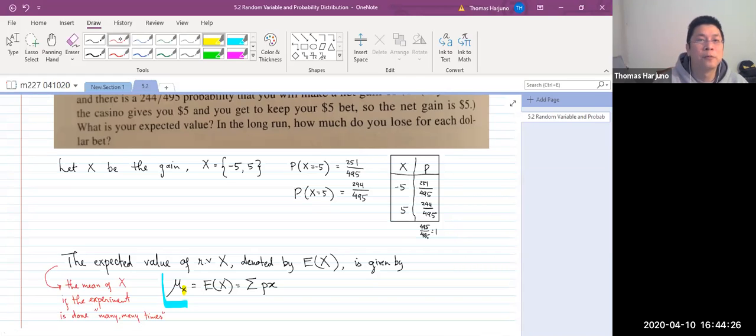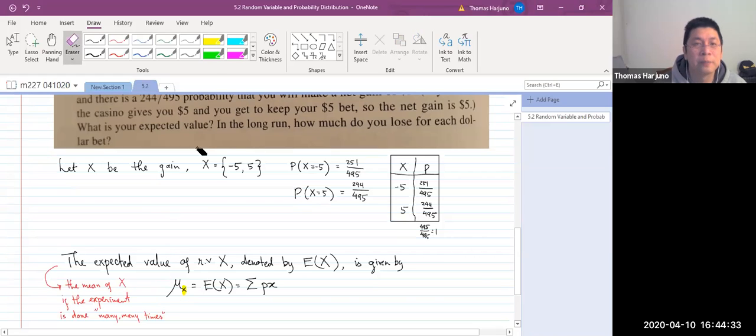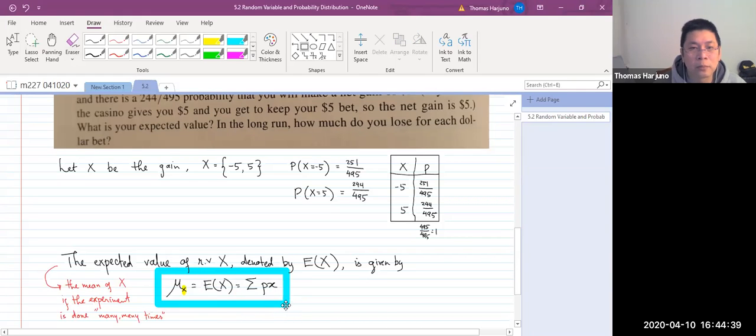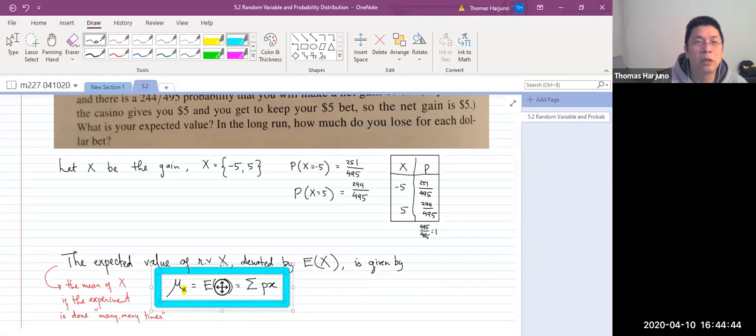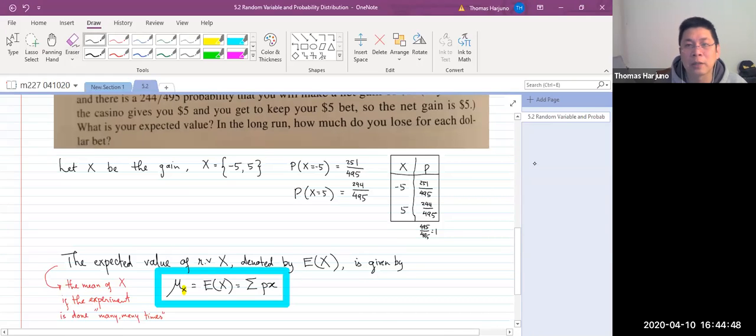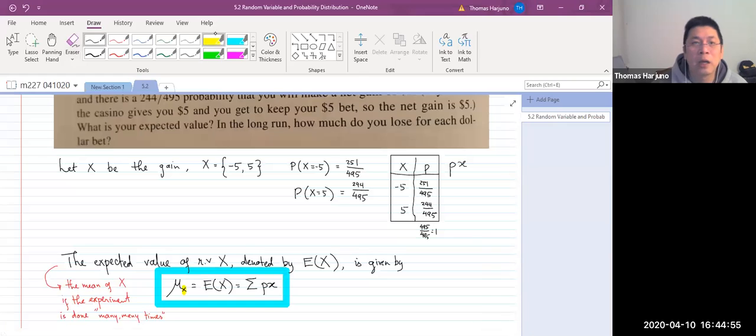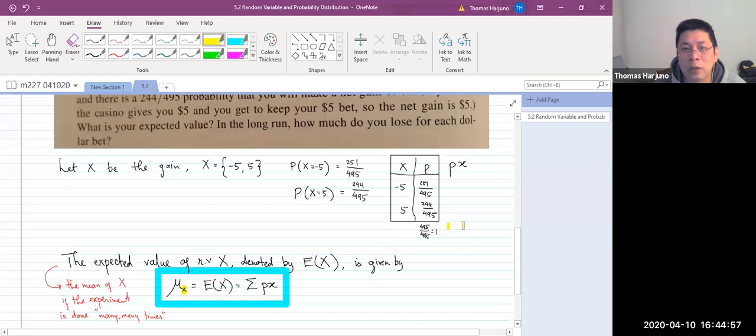Now, furthermore, we have seen the sigma notation in the past, and I hope you still remember how to use it. The expected value or the mean of that random variable is equal to the sum of Px. The sum of Px must be doing the extension here, and the sum that we are looking for is the one underneath here.